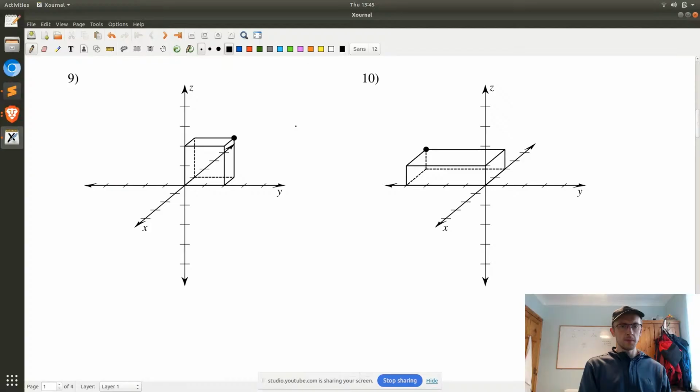And here, (-1, 2, 2). And here, (-2, -4, 2).